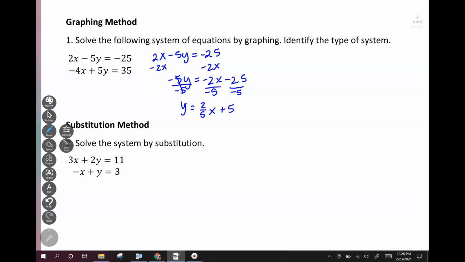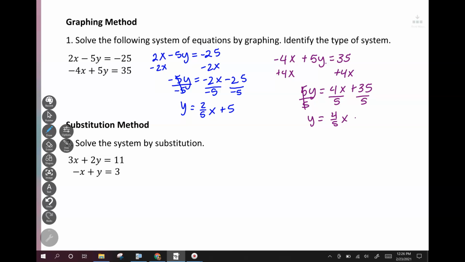I'll put that one in y1. And then the second one, solving for y on that one. Add the 4x. Divide everything by 5. So you get y equals 4/5 x plus 35 divided by 5, which is 7.